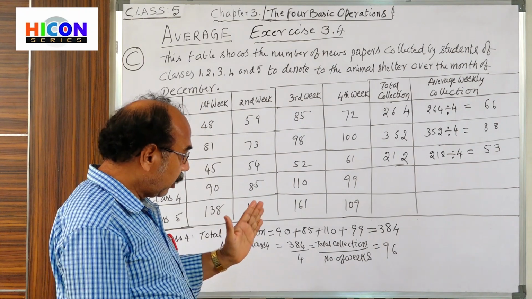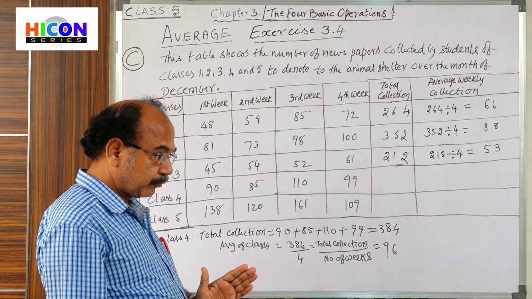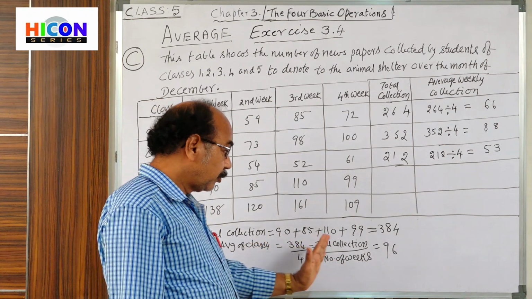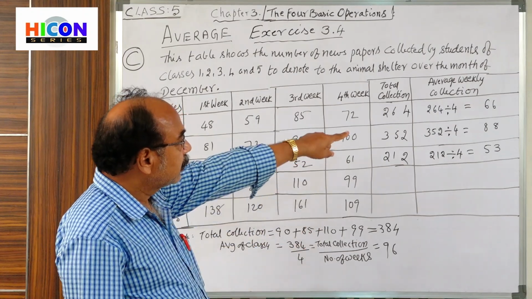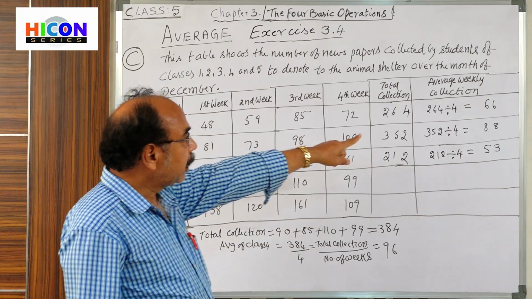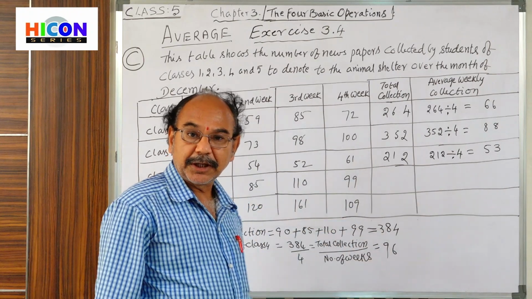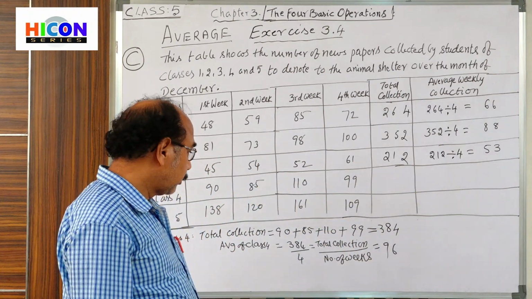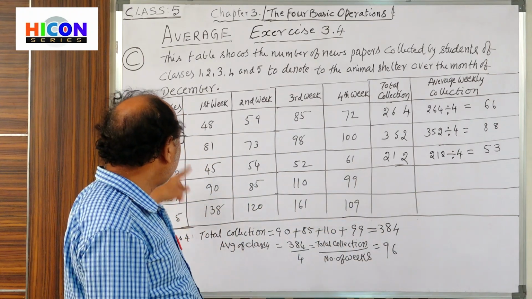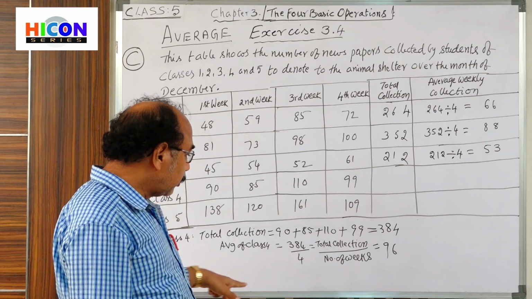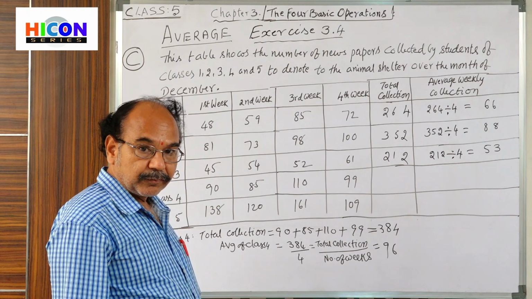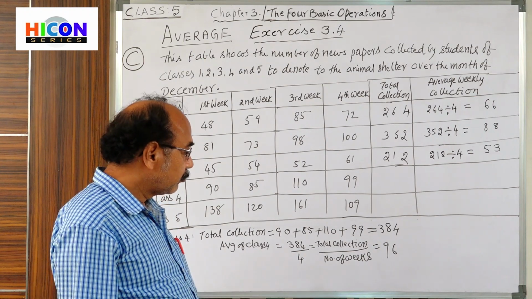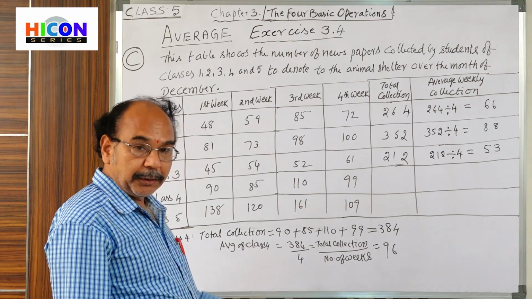So like this, for each and every class, in the rough margin, do the calculation and write the number in the table given. Like this, for all these classes, we have to show this work in a margin or under the table.